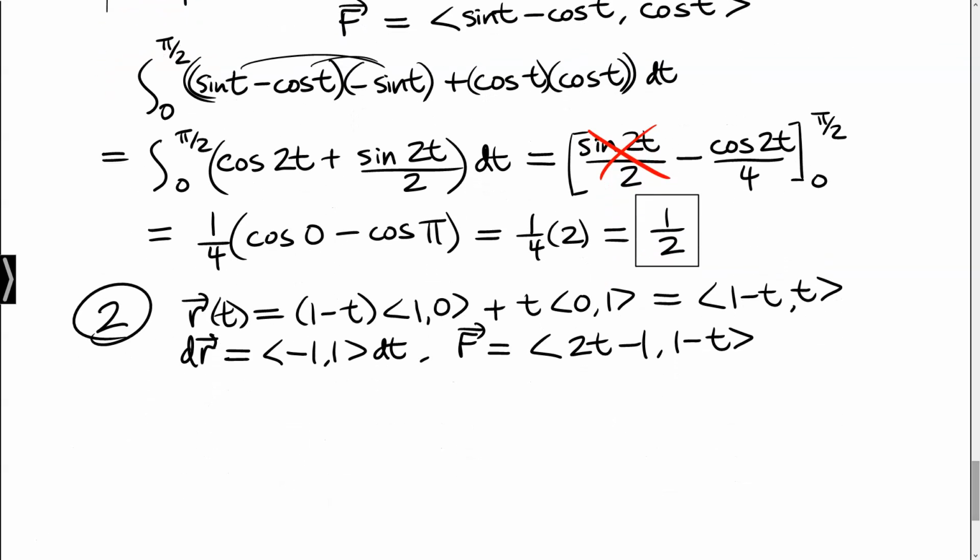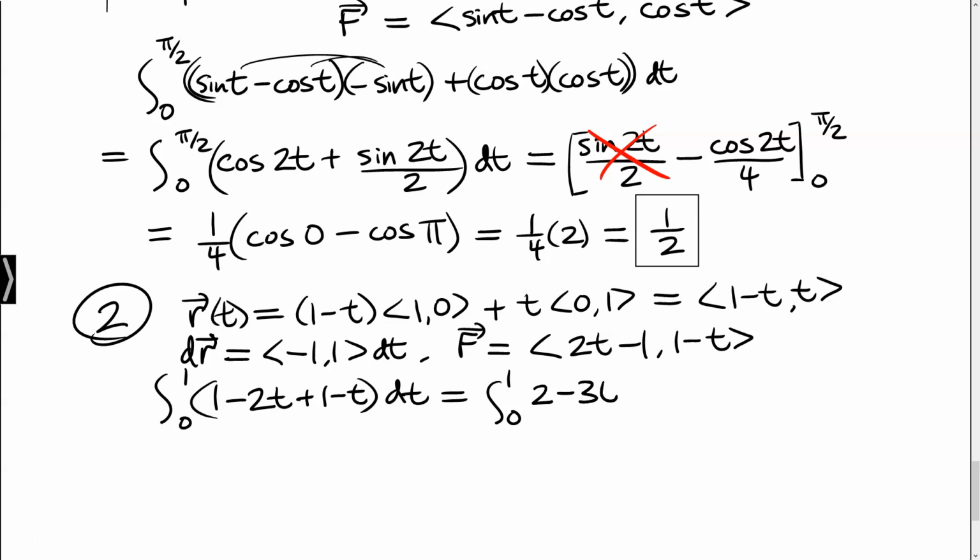All right, so that means the integral is going to be from 0 to 1. So we have to dot F dot dr. Okay, so that's going to be the 2t minus 1 gets hit with a minus 1. So that's 1 minus 2t, and then plus 1 minus t. So that's the integral from 0 to 1 of 2 minus 3t.